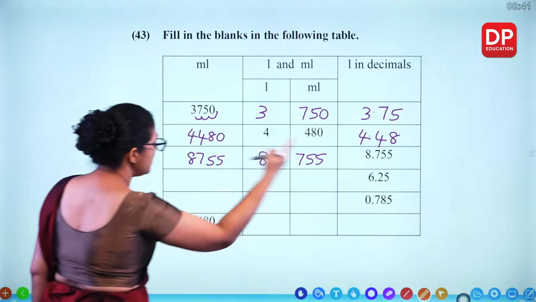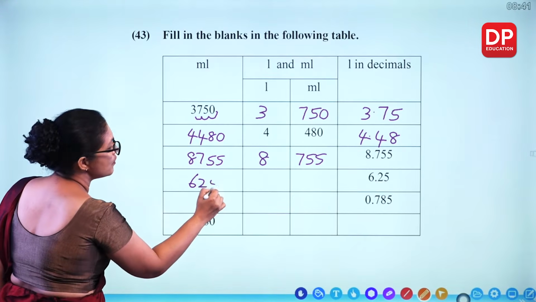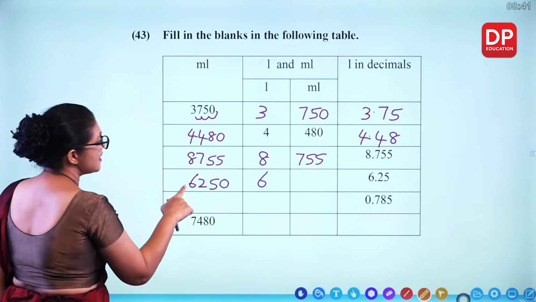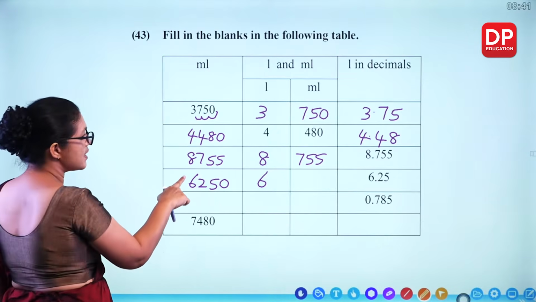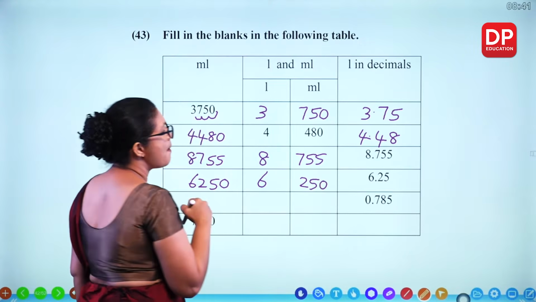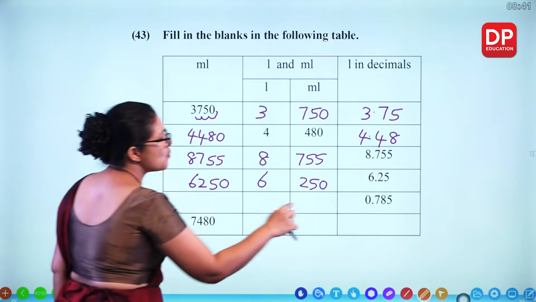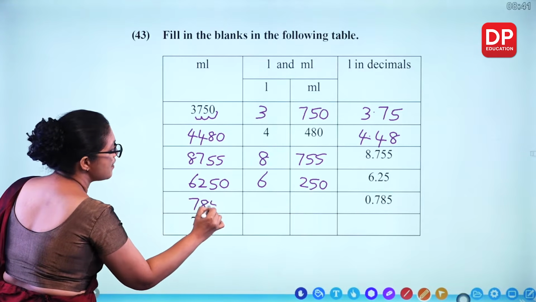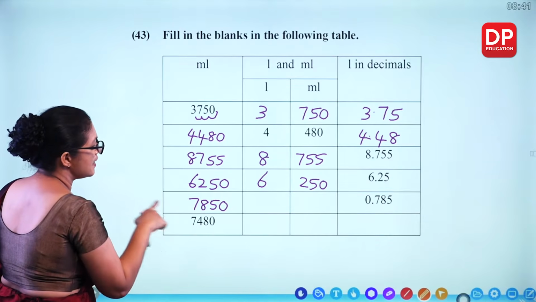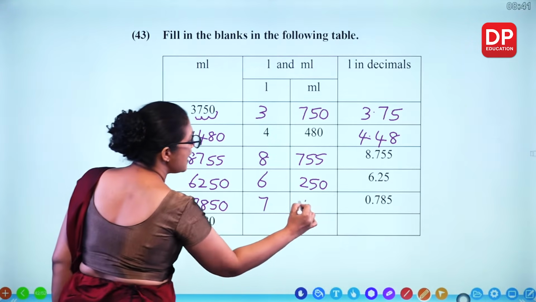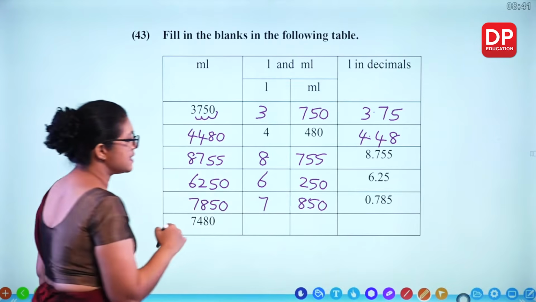Multiplied by 1000, you get milliliter value, 6250. This means 6 liters. Divided by 1000, you get 6 liters and 250 milliliters. This one multiplied by 1000, 7850 milliliters. When you divide by 1000, that means 7 liters and 850 milliliters.